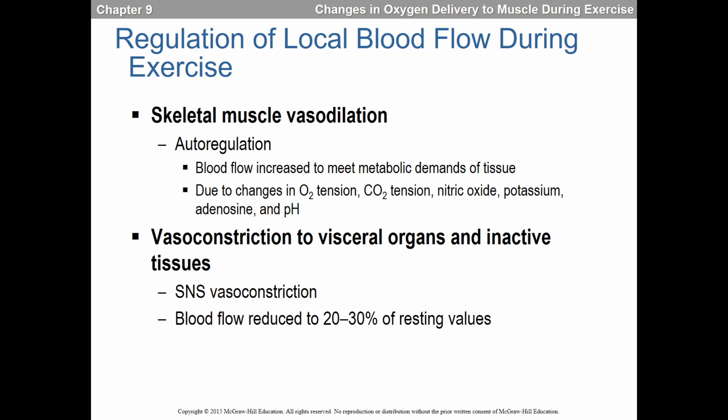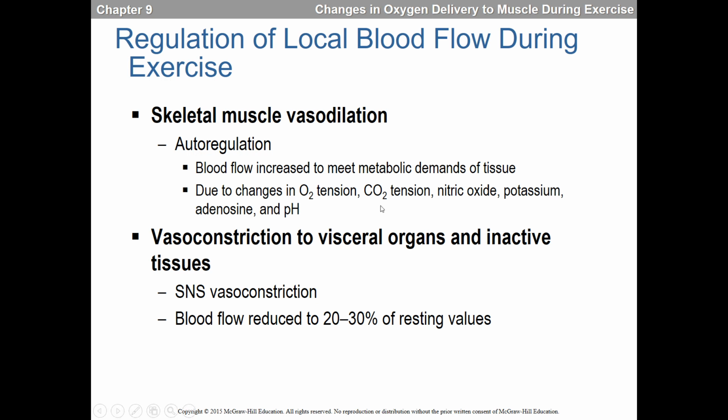What seems to be going on here is overall, the sympathetic nervous system has a vasoconstrictive effect. So if you go back and look at like alpha adrenergic receptors, that's kind of what's going on here versus beta adrenergic receptors. But I'm not going to try to confuse you with too much of that.